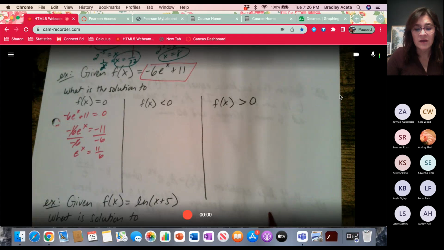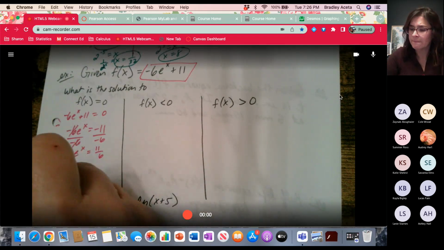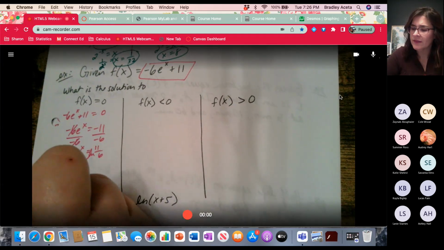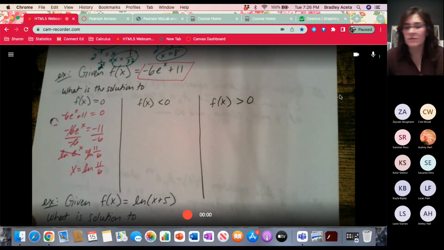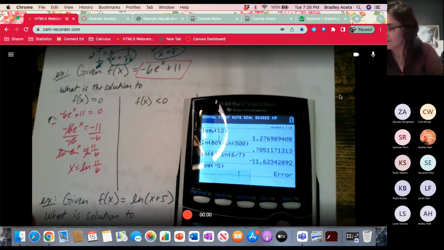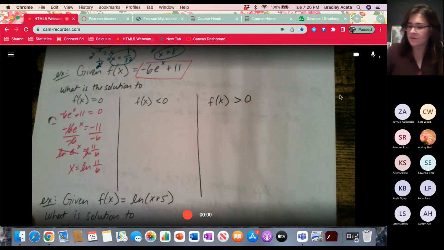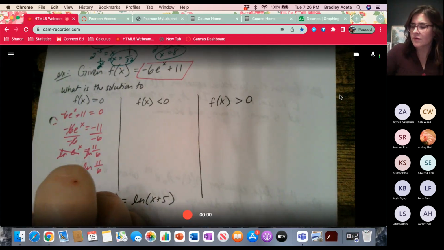And again, how do I undo an e? I ln it. X equals the ln of 11/6, which is 0.606, just to give you a clue because we're going to check it.